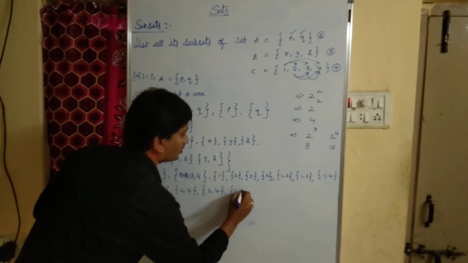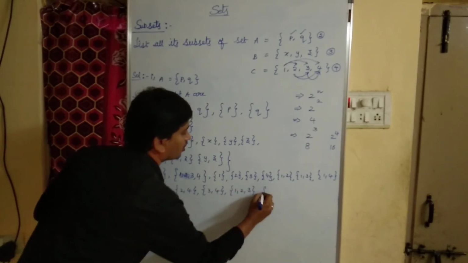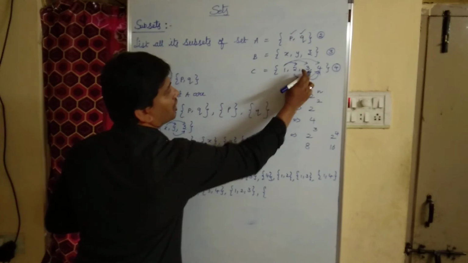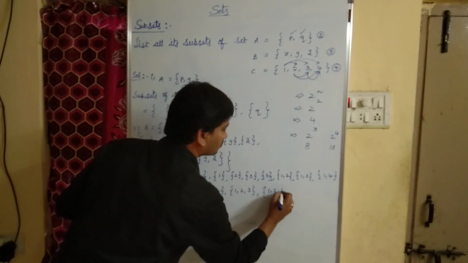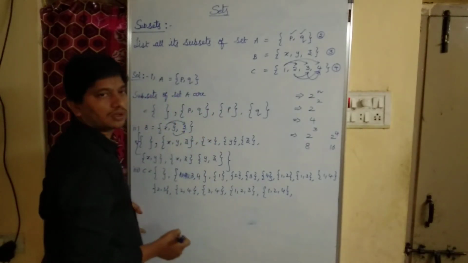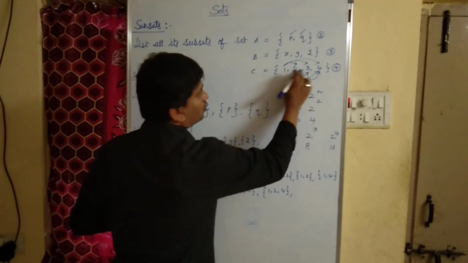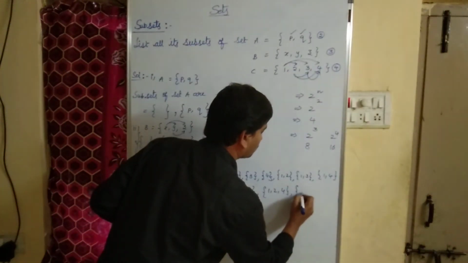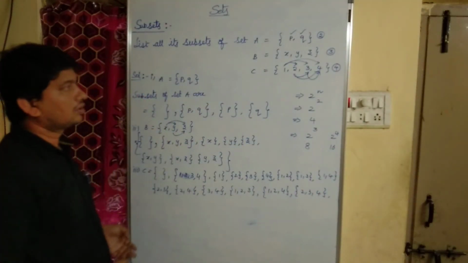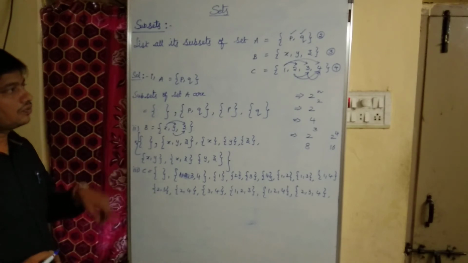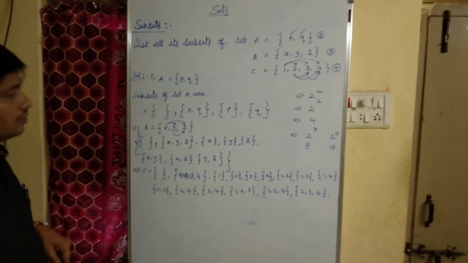That is 1 2 3, again 1 2 4, again 2 3 4. So 1 2 3, 1 2 4, and 2 3 4. Count it.